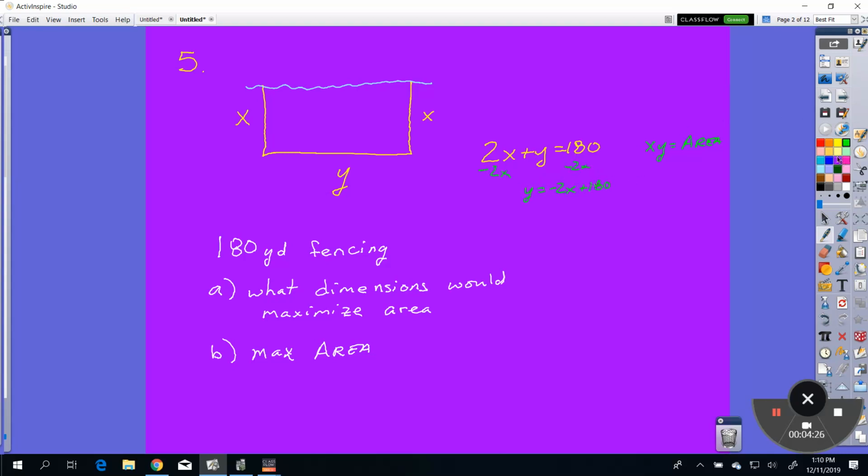Now I'm going to take that answer and plug it in place of the y in the area. So I'm going to have x times negative 2x plus 180. So what I have is negative 2x squared plus 180x.